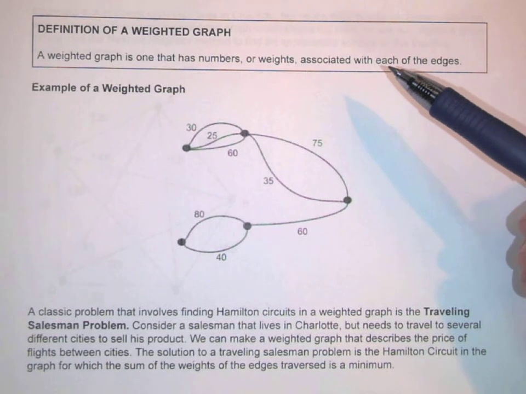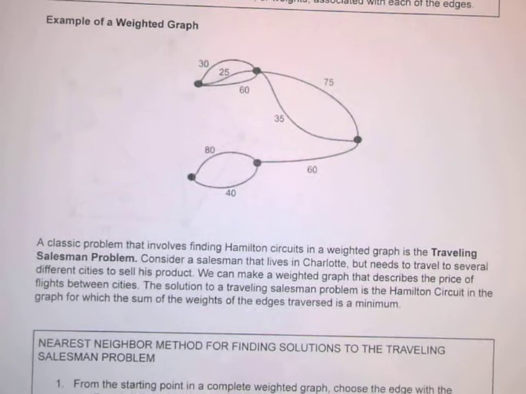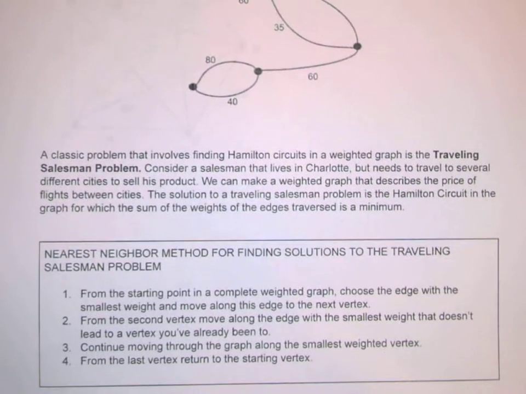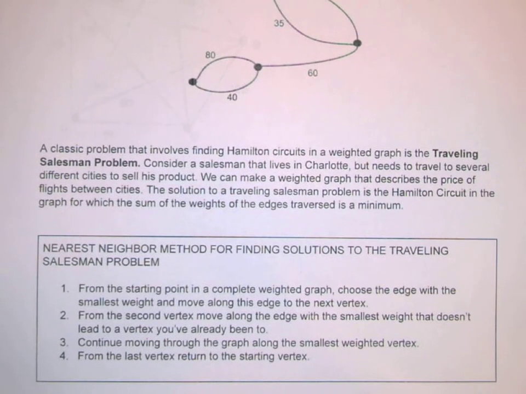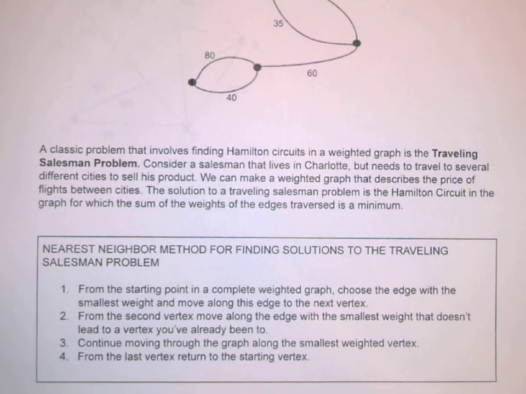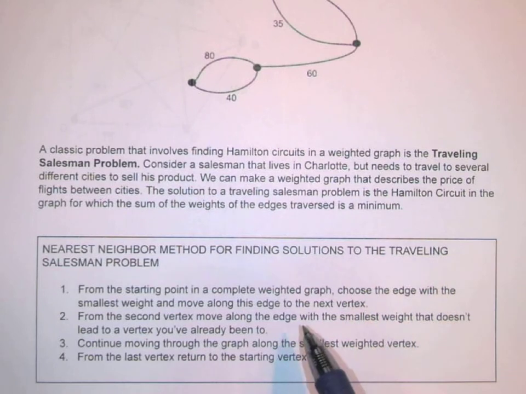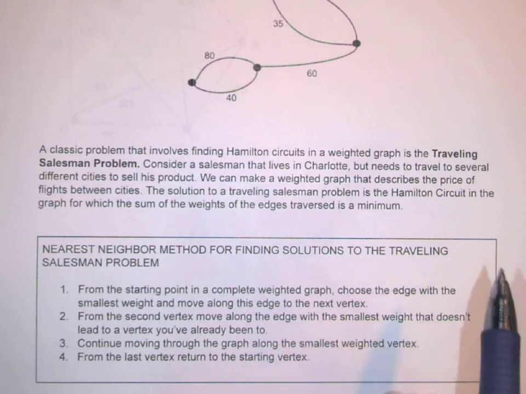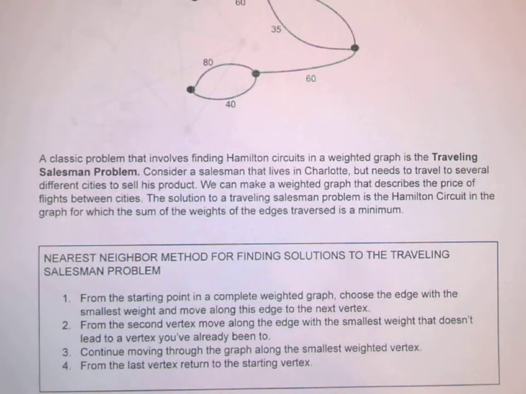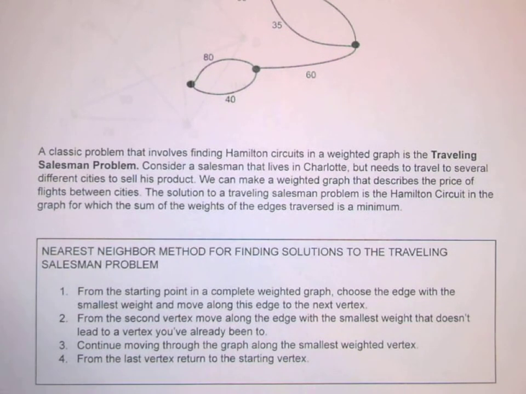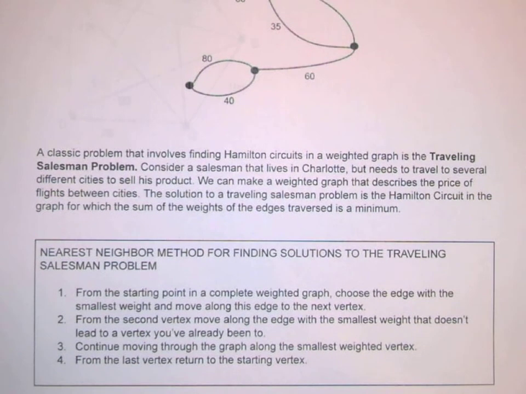So instead, we're going to use what's called the nearest neighbor method, and this doesn't always necessarily find the absolute minimum path in a graph, but it's much, much faster and will give approximately the minimum path. So if you have a gigantic network, the nearest neighbor method makes much more sense than the method that I mentioned before, which we'll call the brute force method, where you just write out every single Hamilton circuit and then calculate all of the weights.